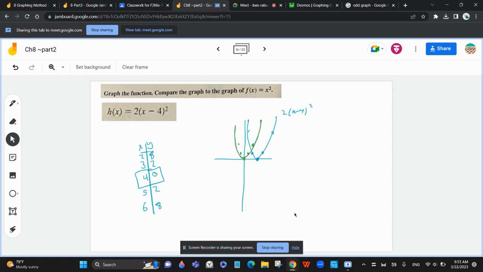If you compare x squared with x minus 4 squared, the difference is that one has the vertex at the origin and one has the vertex at 4. So it's like moving the function by 4 units to the right.